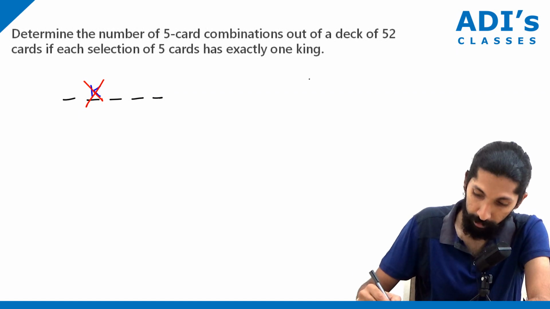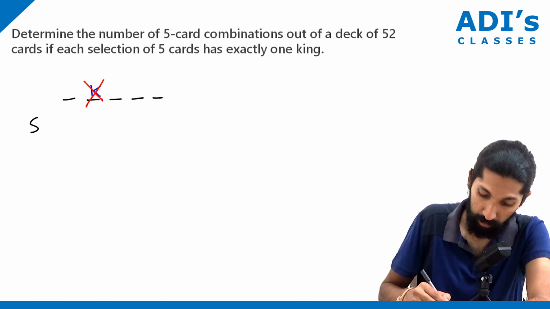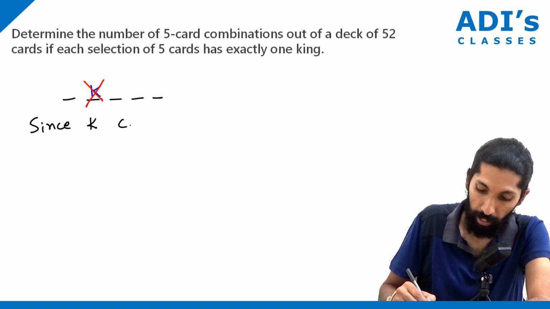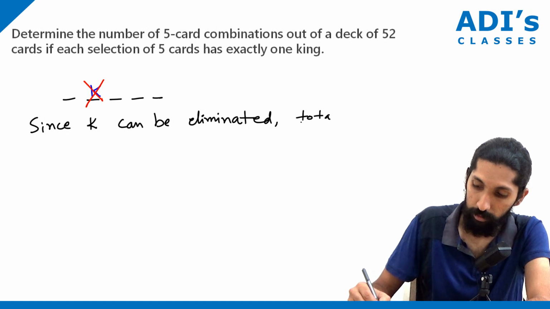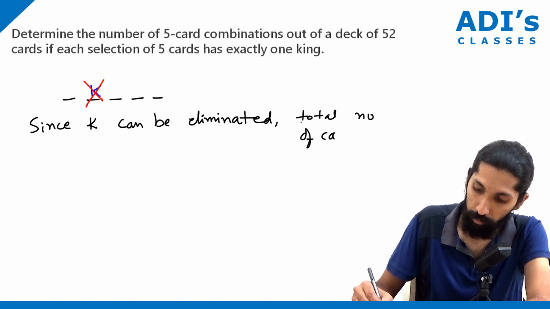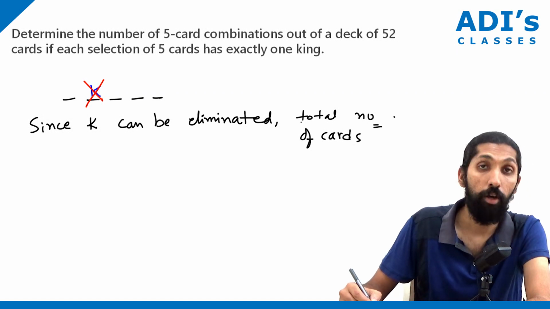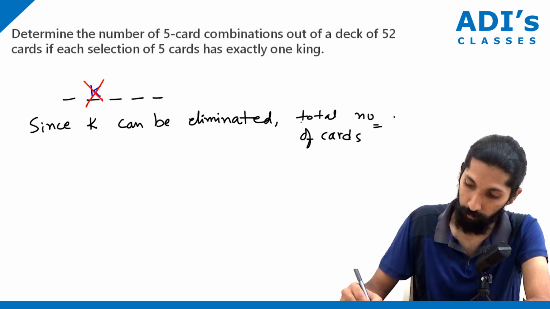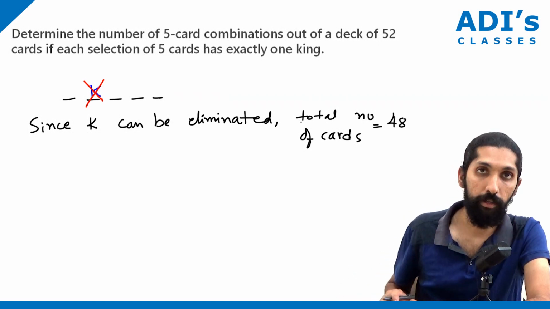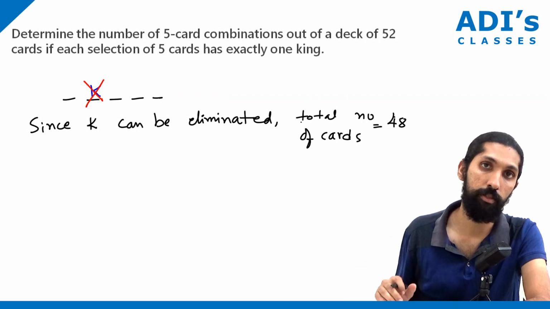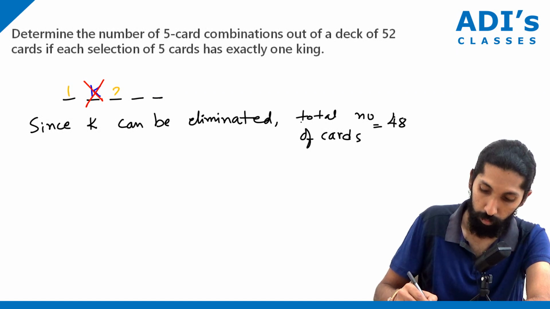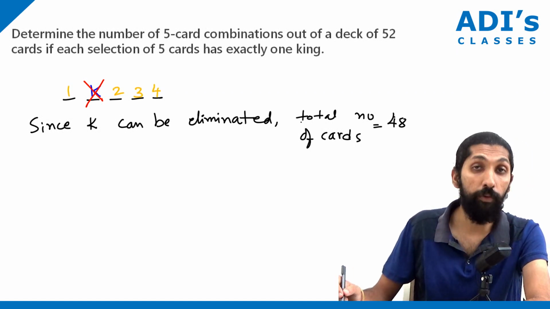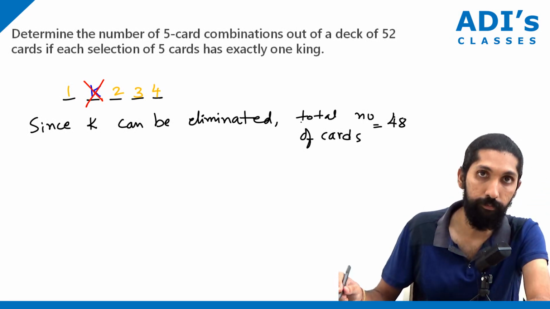So out of 52 cards now, since K can be eliminated, total number of cards is going to be just 52 minus 4, which is 48, right? So 48 cards are available to us. Out of 48, how many are there now? So we have 1, 2, 3, 4. So we need to choose 4 out of 48, isn't it?